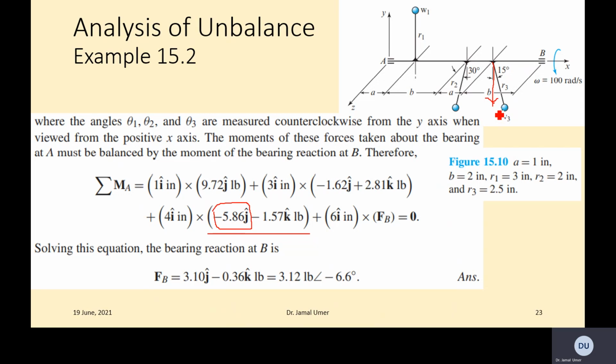And you have a negative z as well, because this one has gone to another plane now, towards the negative z direction. So that's why we get minus 1.57 k. This was a very good example to understand this phenomenon, where you have both a magnitude and an angle to work out together.